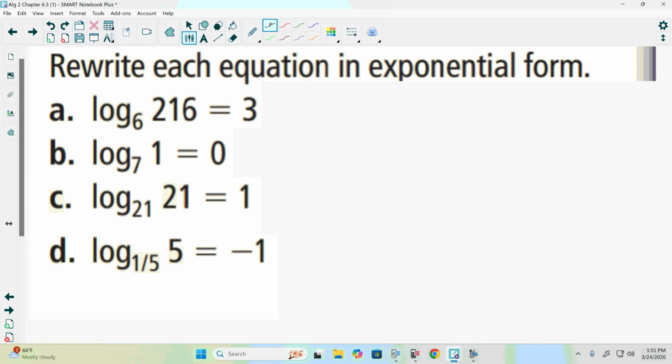So if we look at the next one here, log base 6 of 216 is equal to 3. If we wrote this as an exponential, we would start off with what? 6 to the third, 3 is equal to 6 to the third power is 216.